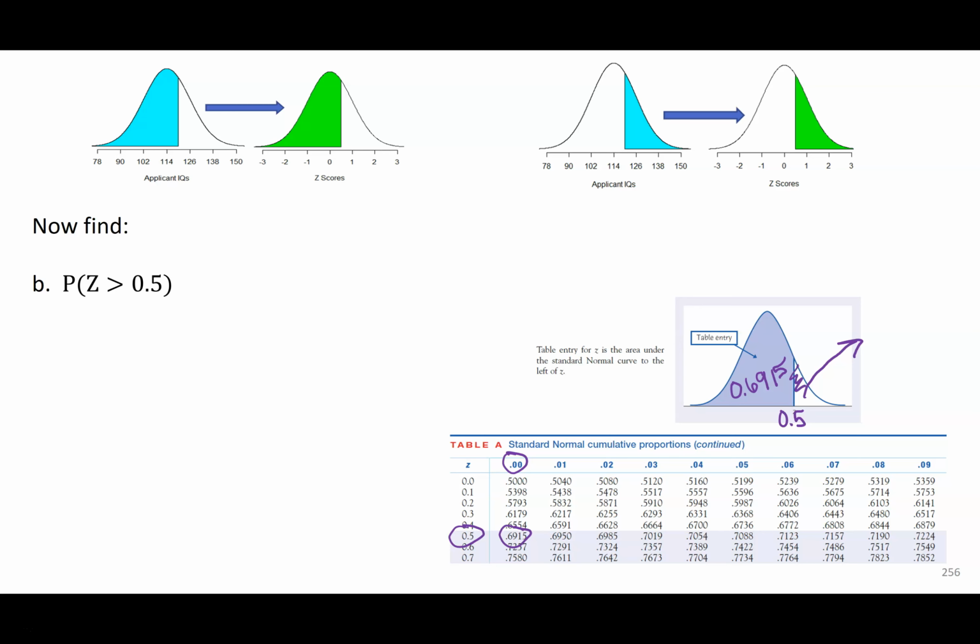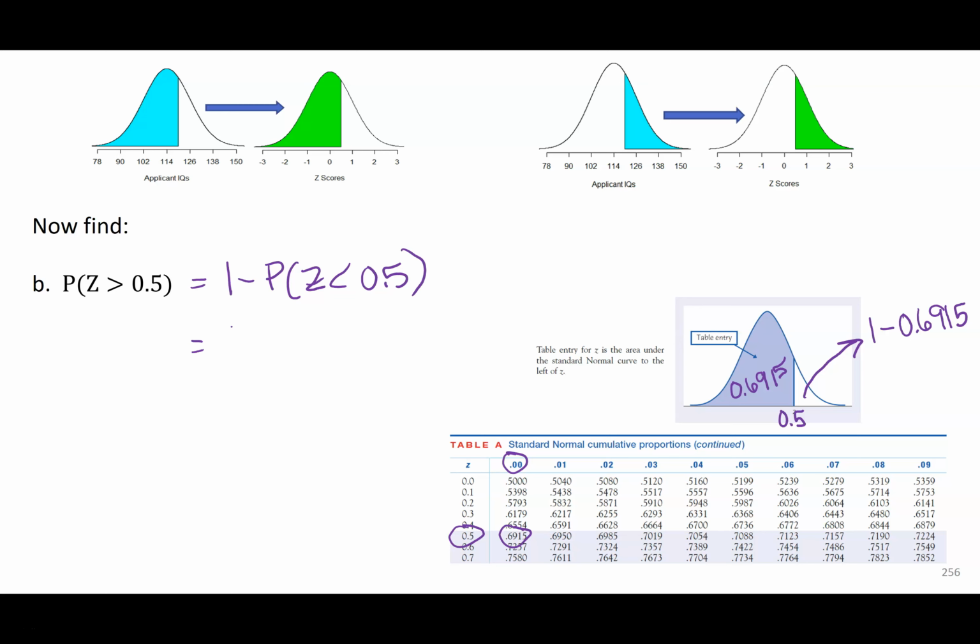We want to know greater than 0.5. We know that the area under the entire thing is 1. So we can say 1 minus 0.6915. So this is going to be 1 minus the probability that it's less than that 0.5.